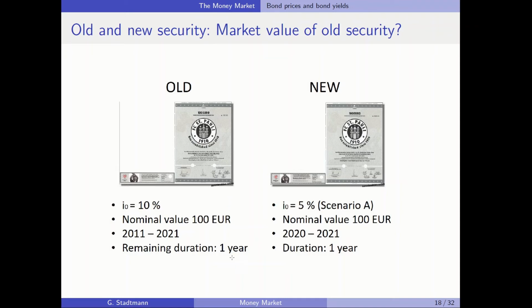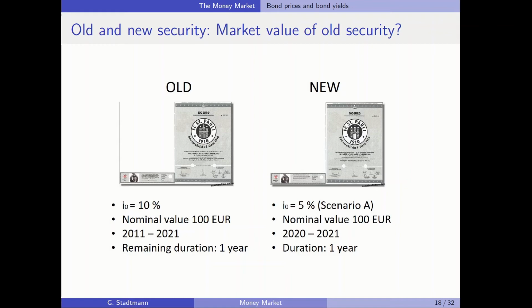So if somebody buys your bond for 105, in the end, this person will get 100 euros for the right part and 10 euros for the left part. So the capital gain is 5 euros. Something like that. So the price for the old bond will be in the range of 105 euros.